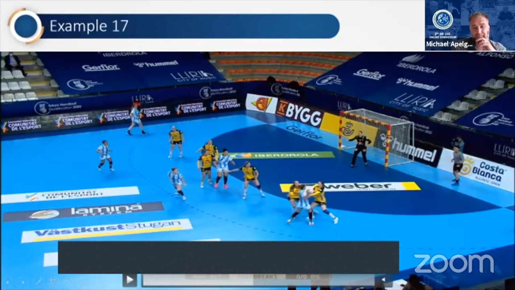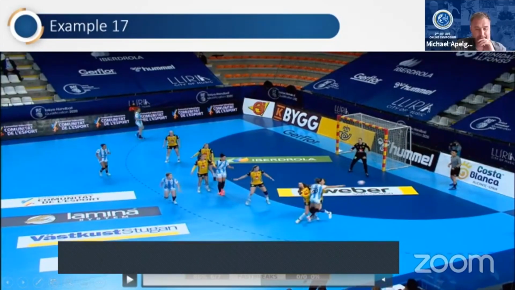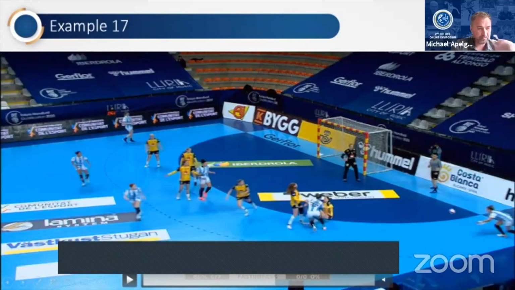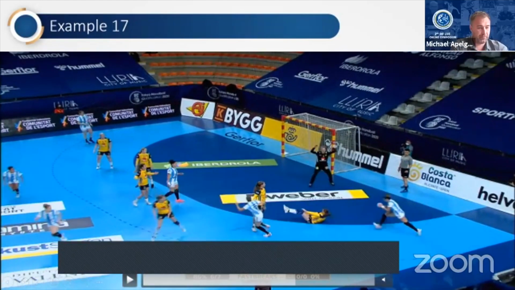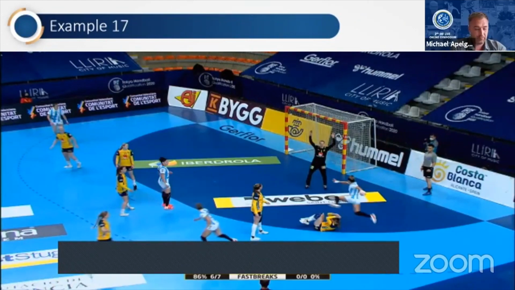The outer defender decides to close that gap, moving into the attacker. Therefore, because of this contact, falls back. And here, the attacker has to jump over her to shoot. And this is enough for a 7 meter. Here, defender clearly in goal area between the shooter and the goalkeeper.